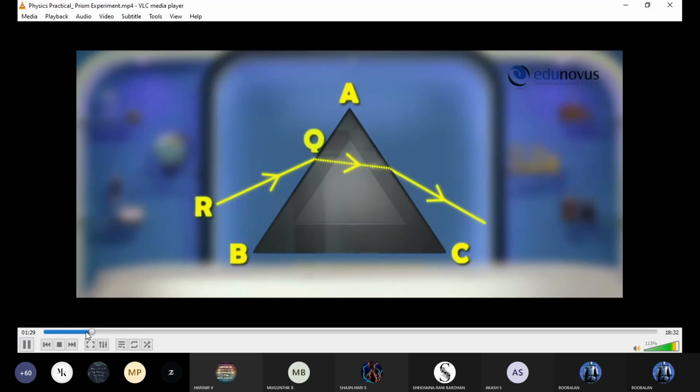Here, RQ is the incident ray, QS is the refracted ray, and ST is the emergent ray.